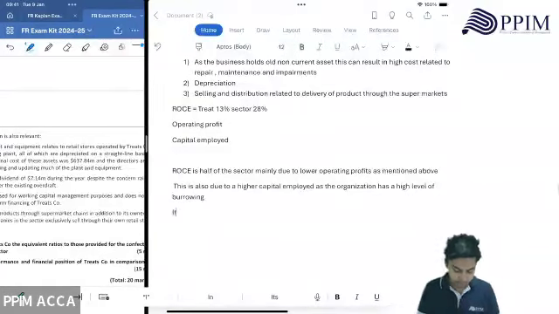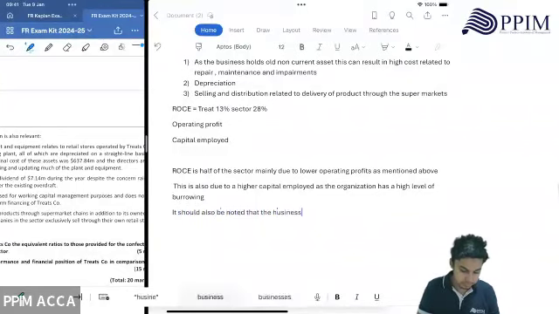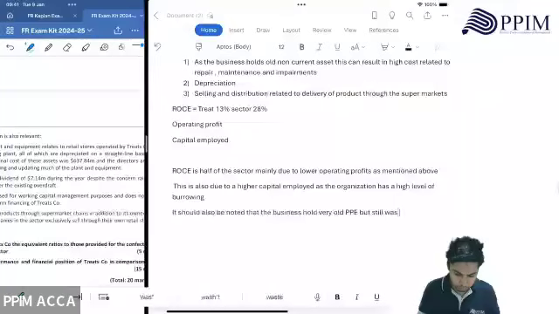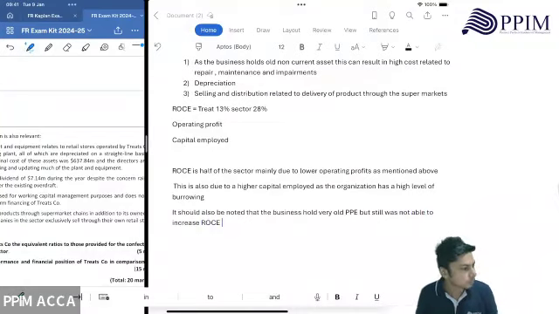Okay. It should also be noted that the business holds very old PPE, but still was not able to increase ROCE.